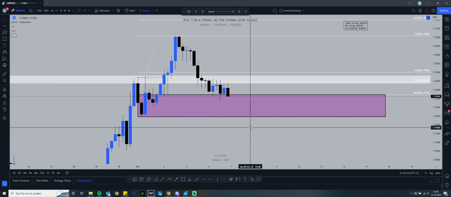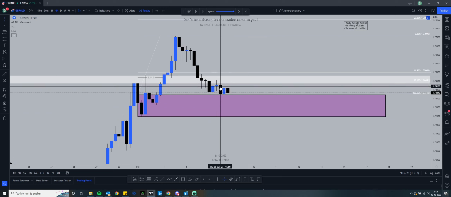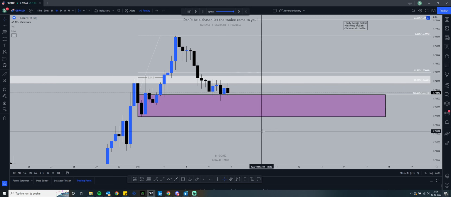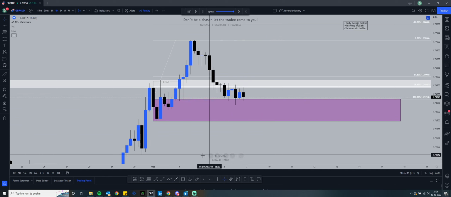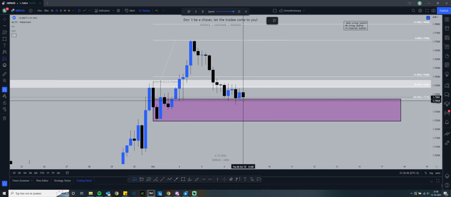In this case, we have a first tap, a second tap, and a third tap. We have black candle, blue candle, black candle. So it's not like black, black, black. I like to see a mix of candles, just an indication that the bulls are there, for example.